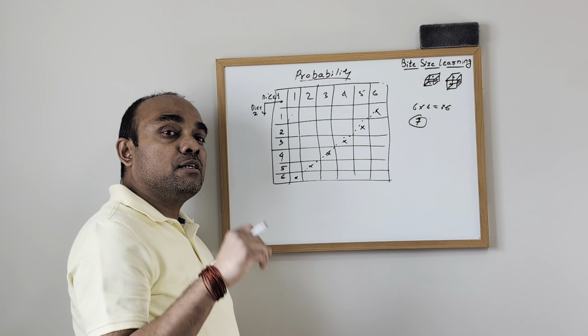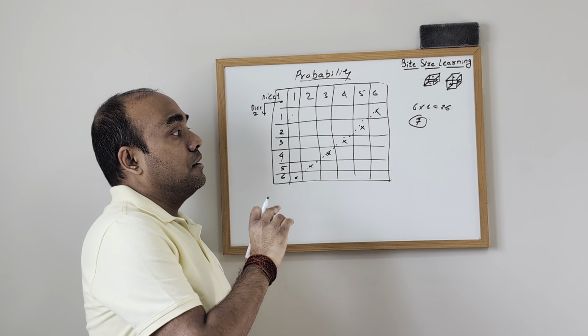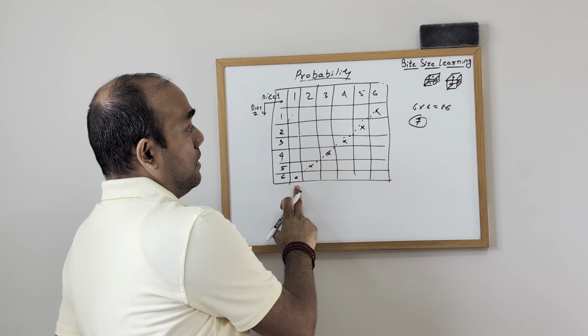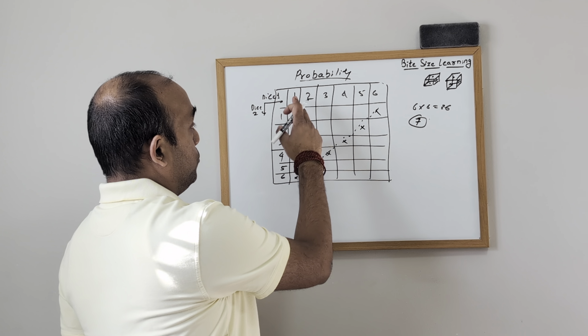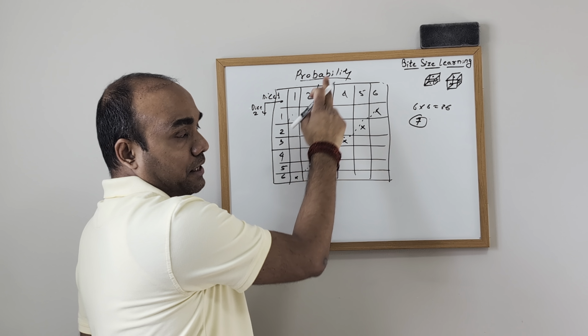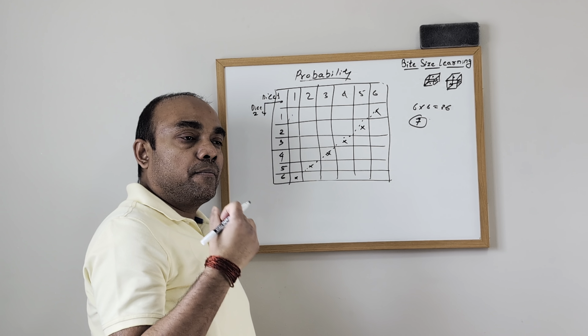So 7 has the maximum possibility when you roll two dice, right? The possible outcome 7 has the highest chances, right? You can get 1 and 6, 2 and 5, 3 and 4, 4 and 3, 5 and 2, and 6 and 1, right?